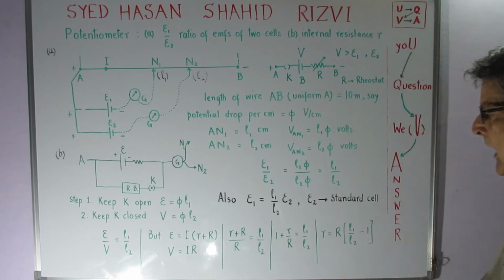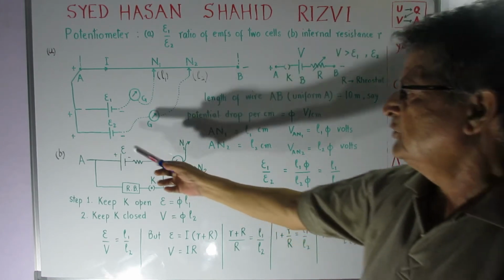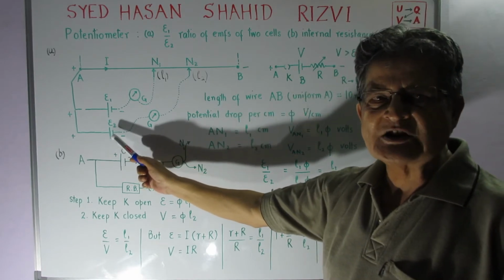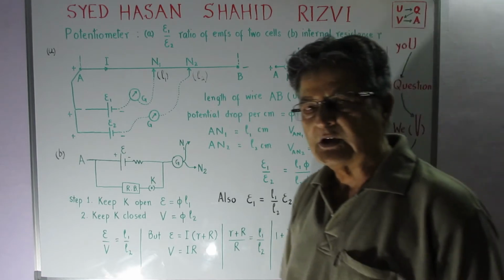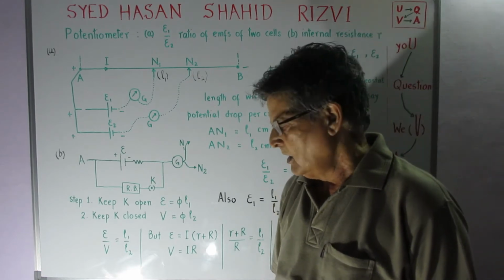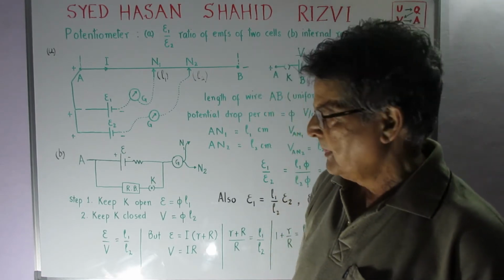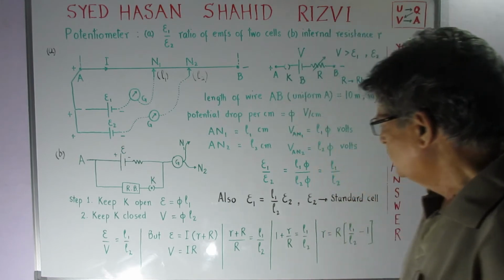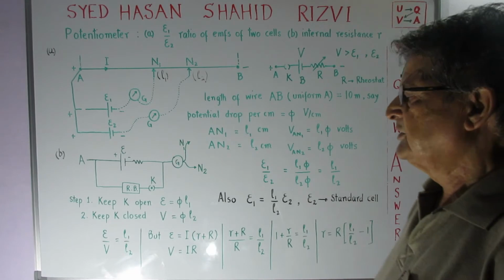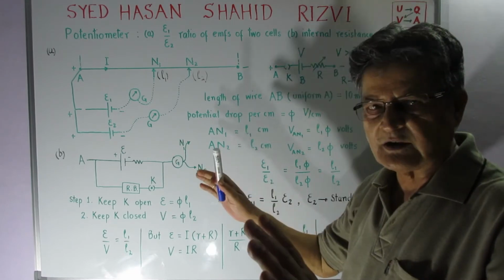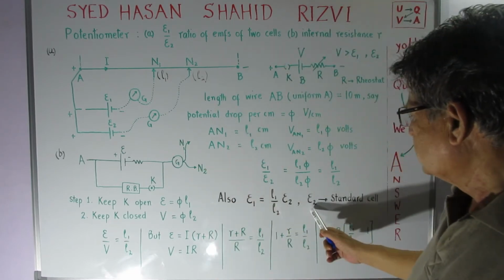Now, suppose my E2, this one, is a standard cell. A standard cell is normally a cadmium cell from which you can hardly draw any current. But the potential difference, the terminal voltage of that cell is constant. Okay, so that is a standard cell.